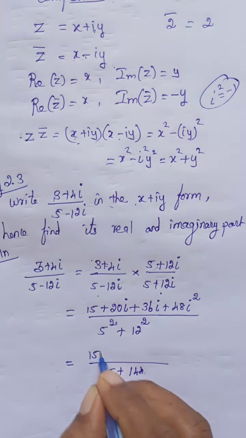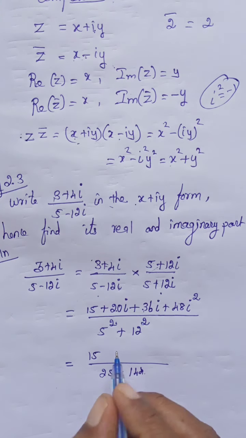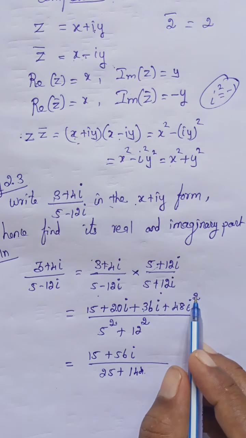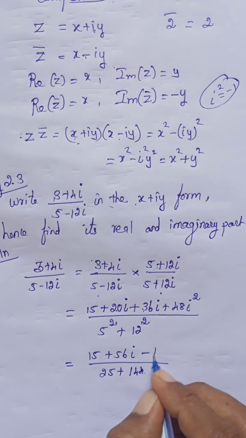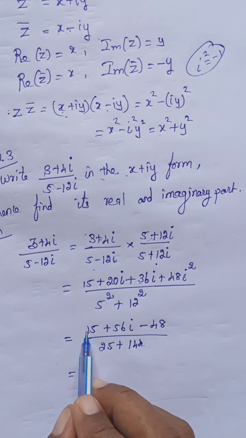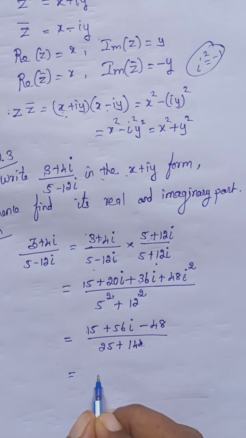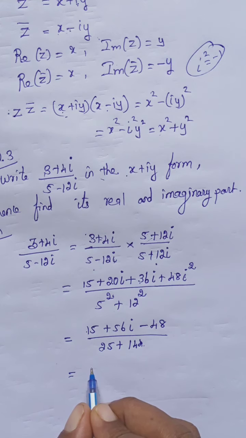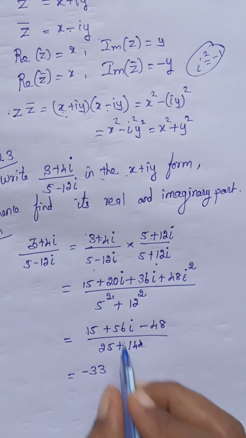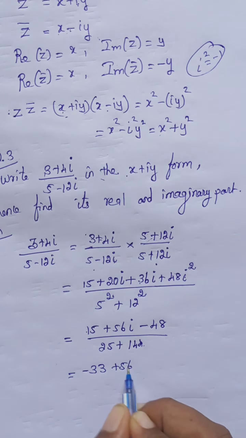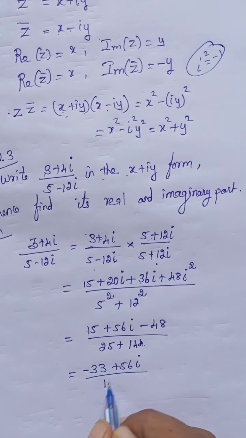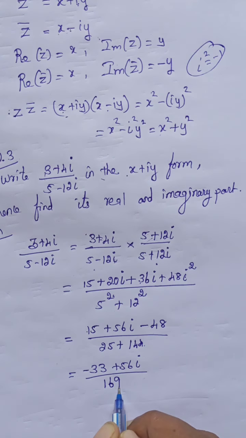So here 15, 20i plus 36i, that is 56i. i square is minus 1, so we get minus 48. Now 15 minus 48, how much will we be getting? Minus 33, plus 56i divided by 25 plus 144 is 169.